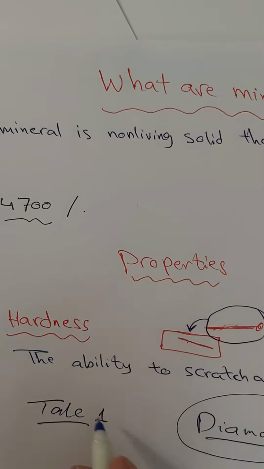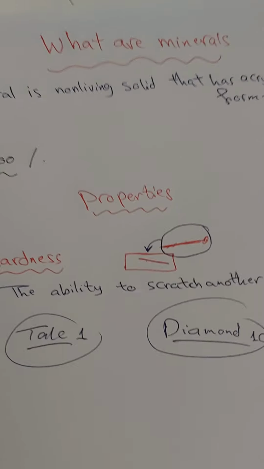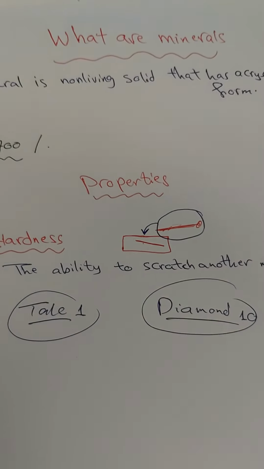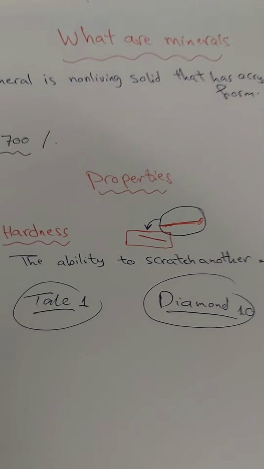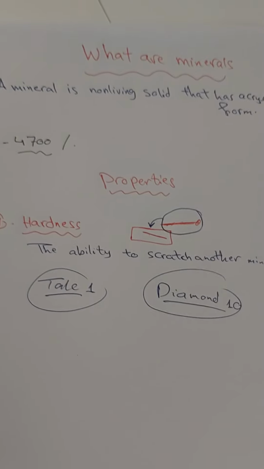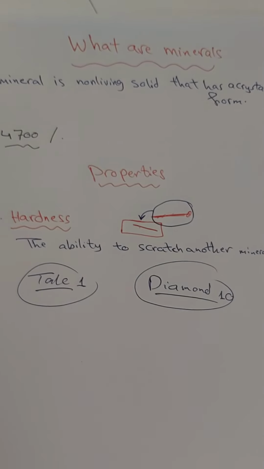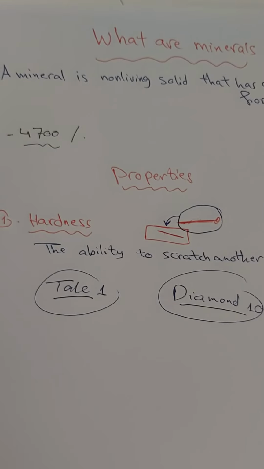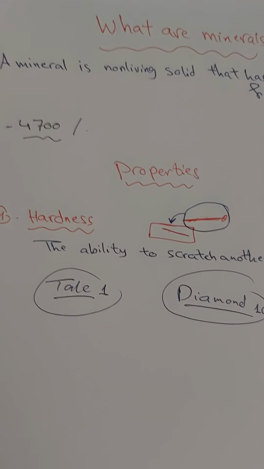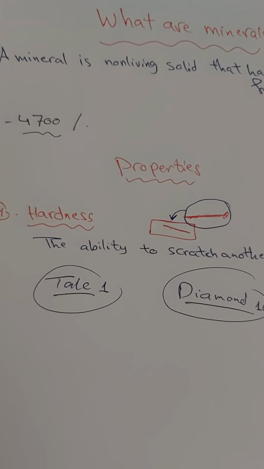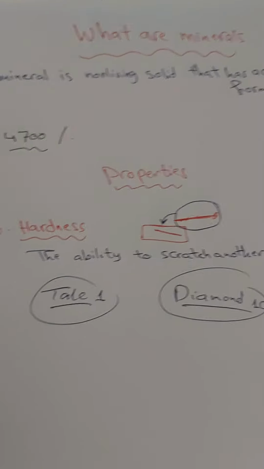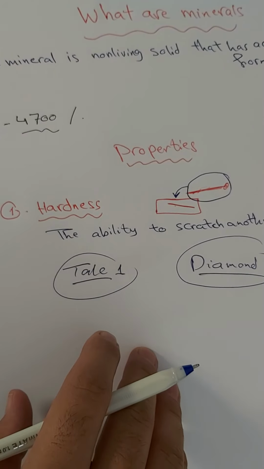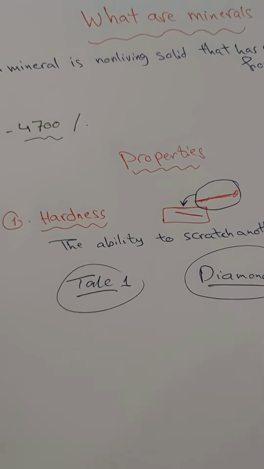So diamond is the hardest and talc is the softest mineral. Some minerals are soft, others hard. How can we know? By the scratch. If the mineral scratches another one, we call it harder than the other.